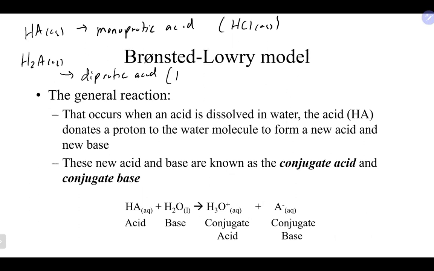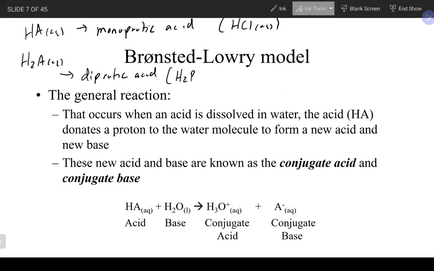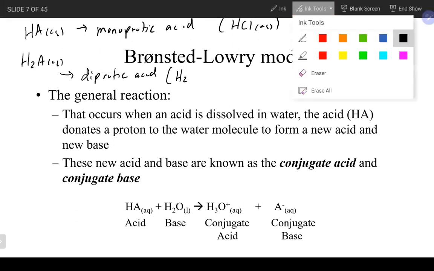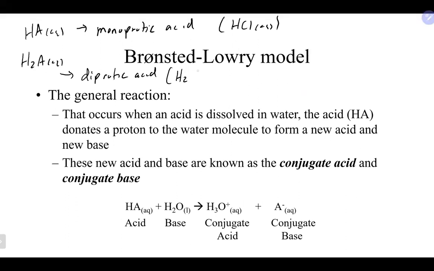An example of this in real life would be sulfuric acid, H2SO4, which is a diprotic acid. Again, it has the ability to give away two protons. And there's also a triprotic acid, which is sometimes generically abbreviated as H3A, and that is referred to as a triprotic acid.